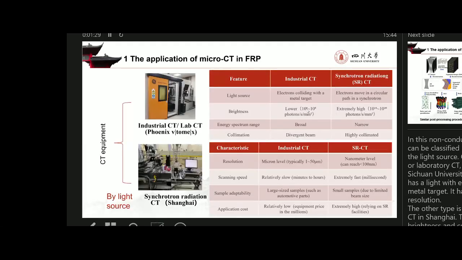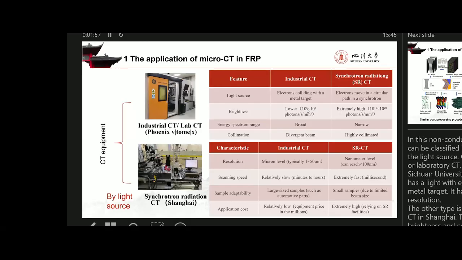So we can use CT technology on FRP. There are two types of CT equipment. First is industrial CT or lab CT. And the second is synchrotron radiation CT, just like the Shanghai Light Source. These two CTs have different light sources.